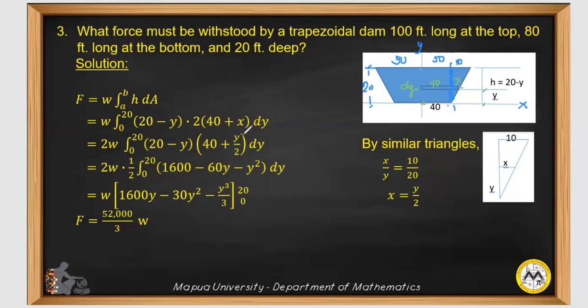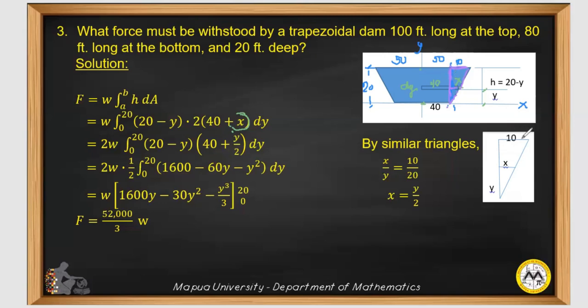Now, the problem here is we have x in the integrand, and the variable of integration is y. Therefore, we have to express x in terms of y. And as mentioned earlier, we cannot simply do ratio and proportion on this portion. We need to divide this and consider this right triangle. Take note that this is equal to 10. The base of this small triangle is x, and this is y, and this is 20 minus y.